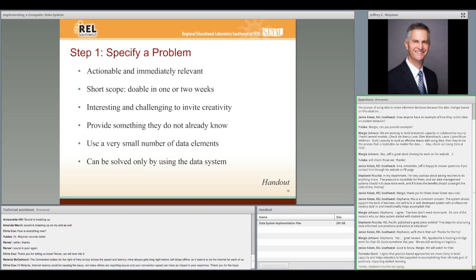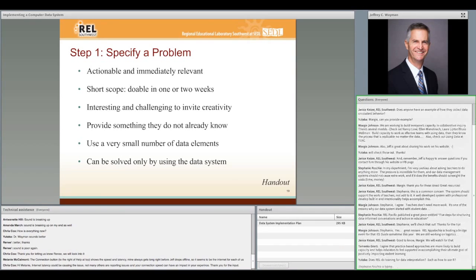And here's the big one. You have to specify a problem that can only be solved by using the data system that you're looking to implement. Why is that? Well, let's say that your district has an assessment system that they've been fond of, but all it does is just these little math assessments. Okay, if you specify a problem that is about math assessments, people aren't going to use your brand new shiny data warehouse.